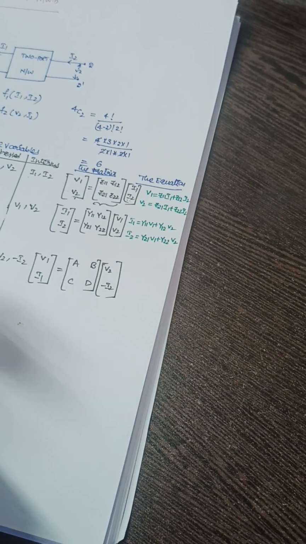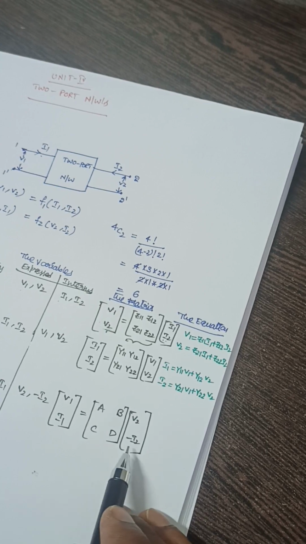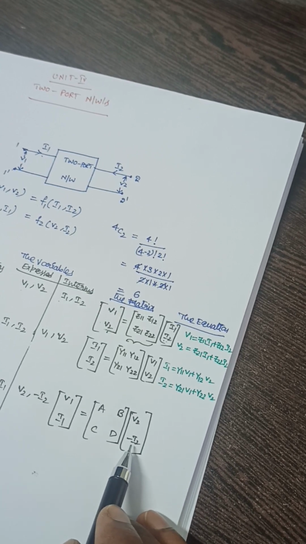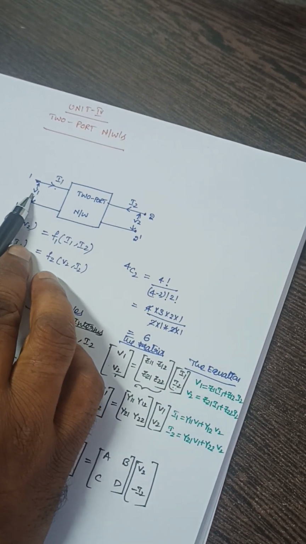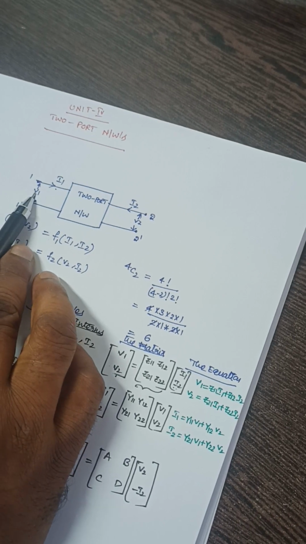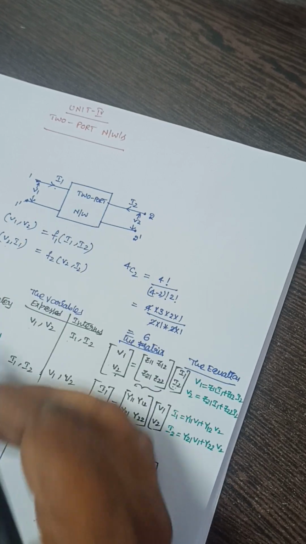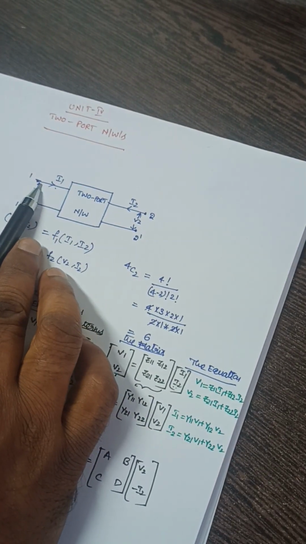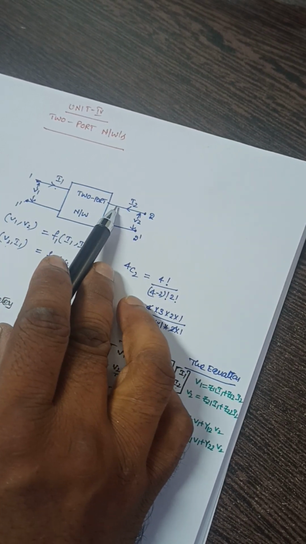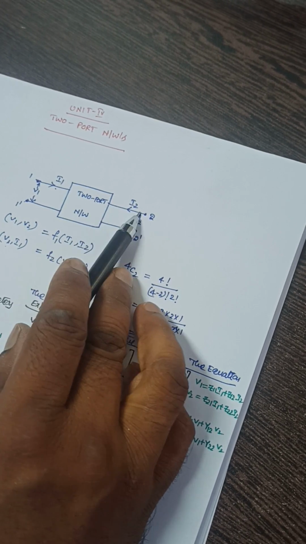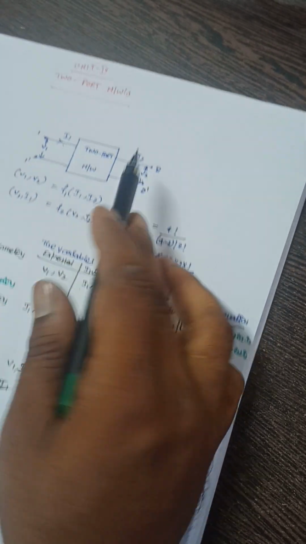The reason behind the negative sign for I2 is that in transmission parameters, the power is sent from this terminal to this terminal, where this is the source and this is the load, as in a transmission line. The actual current direction of I2 will be opposite, so I represent it with minus I2.